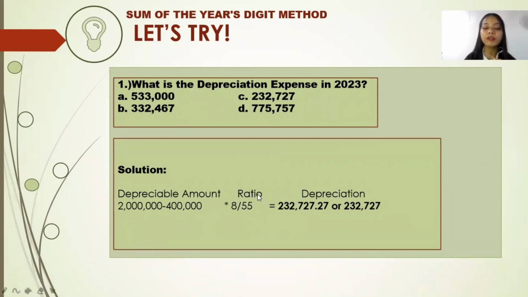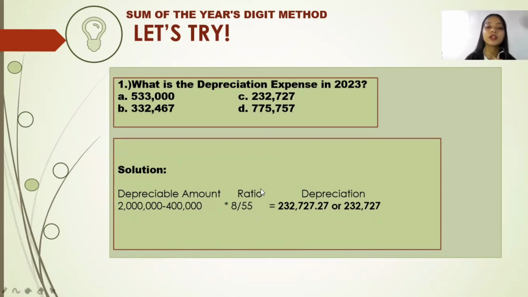Over 55. Paano nakuha itong 55? Magko-compute ka pa ba ng 1 plus 2 plus 3 hanggang 10? Hindi na, syempre. Gamitin natin yung summation of life formula: useful life 10 years plus 1 equals 11, over 2 equals 5.5, times useful life ulit na 10 years, so 55.